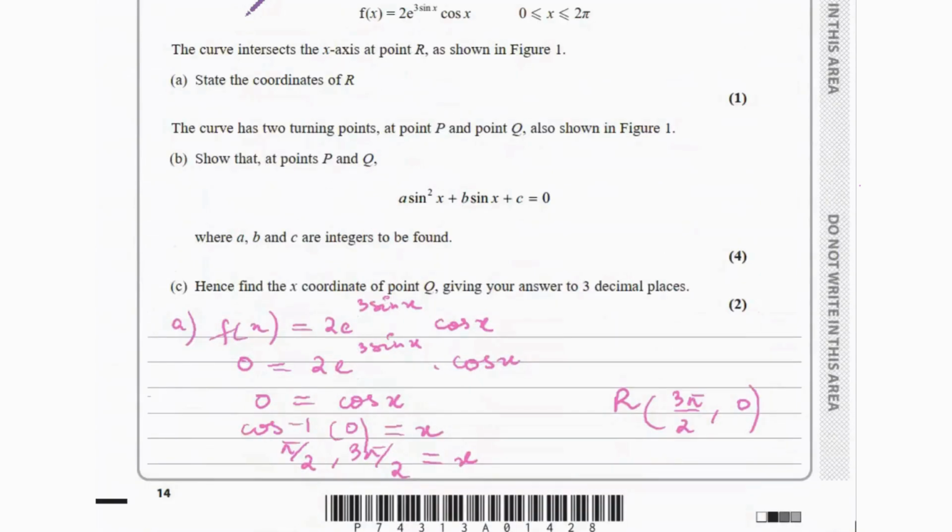Because to find the turning points, you have to find the derivative. When we put the derivative equal to 0, that gives you the x values of the turning points. So f of x is 2 times e to the power of 3 sine x times cos x. For this, I'm going to use the product rule for differentiation because we have two functions being multiplied.